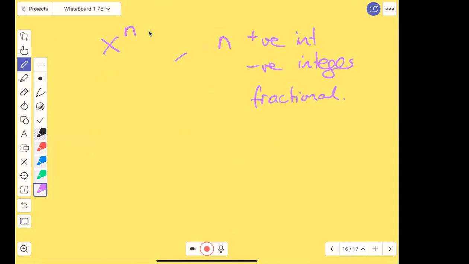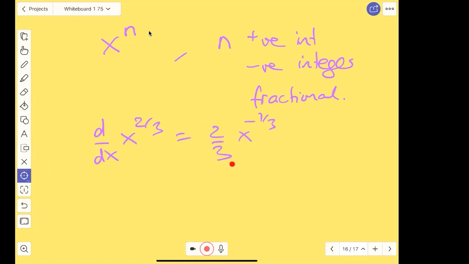And those things can all be done. We saw an example of a negative integer, but if you wanted to prove from the definition that the derivative of x to the 2/3 is 2/3 x to the minus a third, you can do it, and it's actually a really pretty thing. The 2 and the 3 come from quite different places in the algebra that you need.